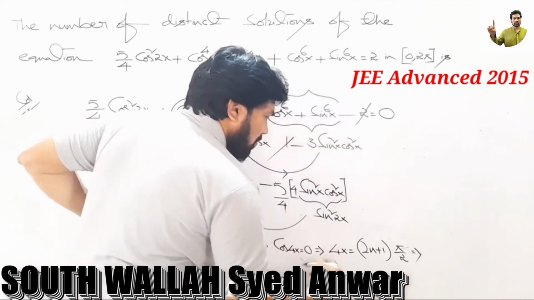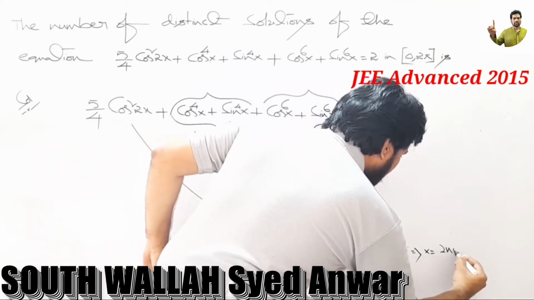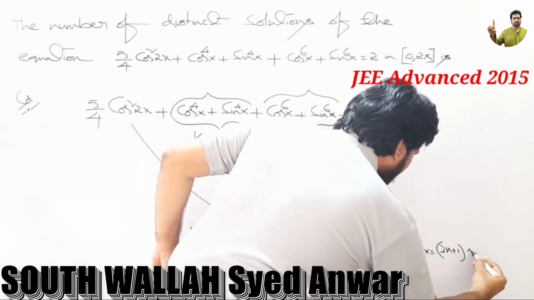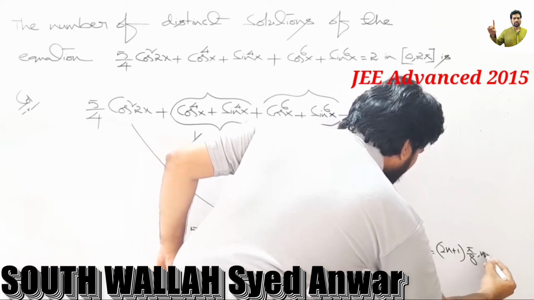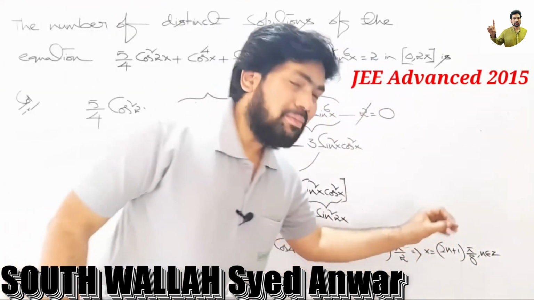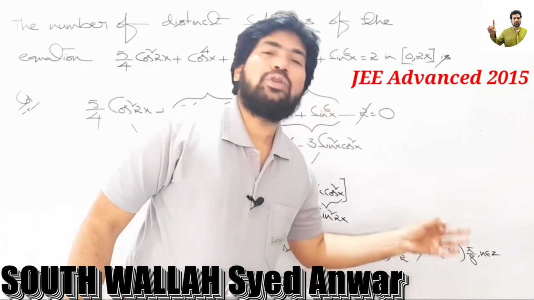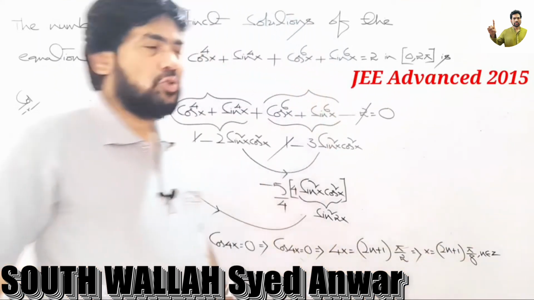So this implies x is equal to (2n+1)π/8, where n belongs to the integer set, n belongs to Z.